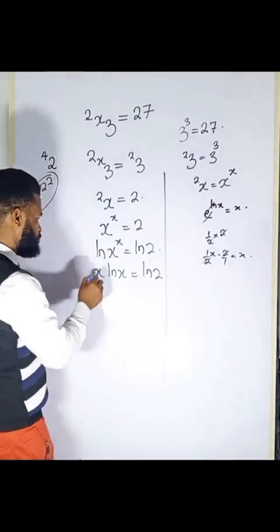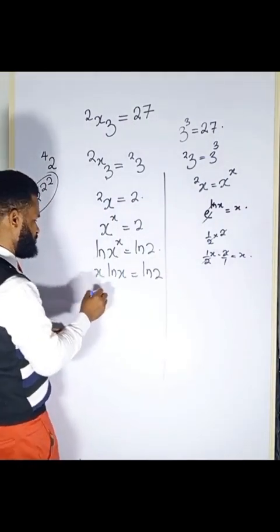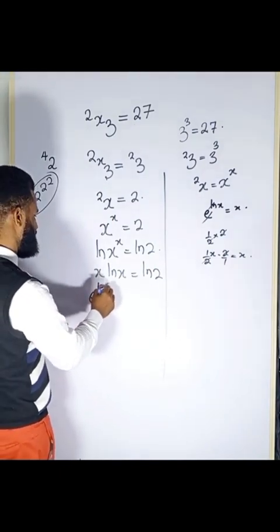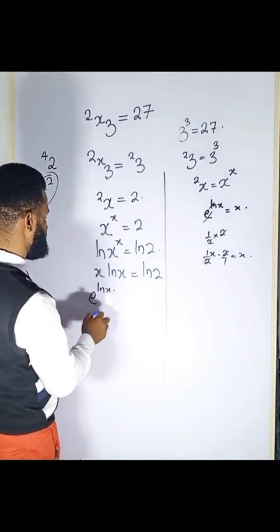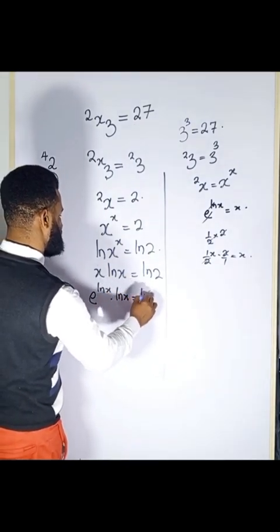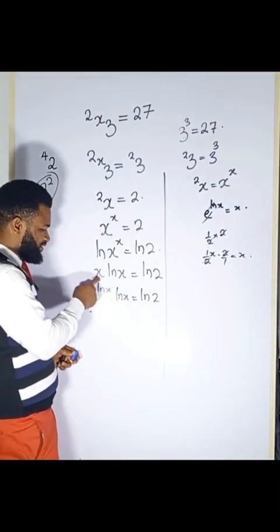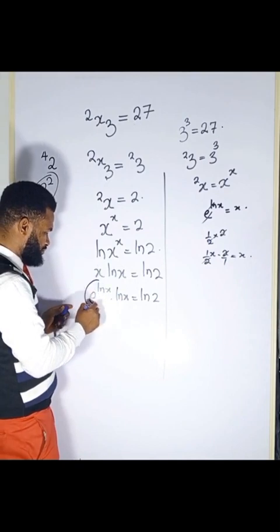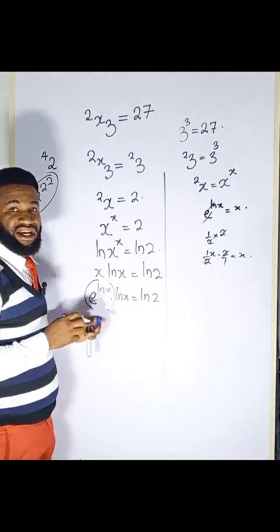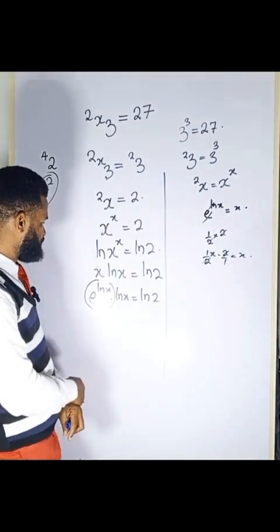So because of that, I'm going to write e to the power ln x multiplied by ln x, which is equal to ln 2. Because this x is now substituted as e to the power ln x, this is how we have it at this point.